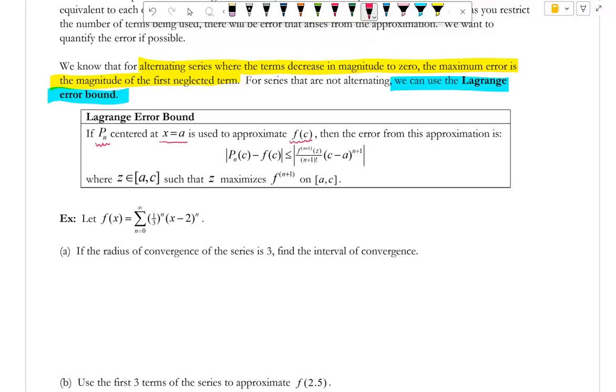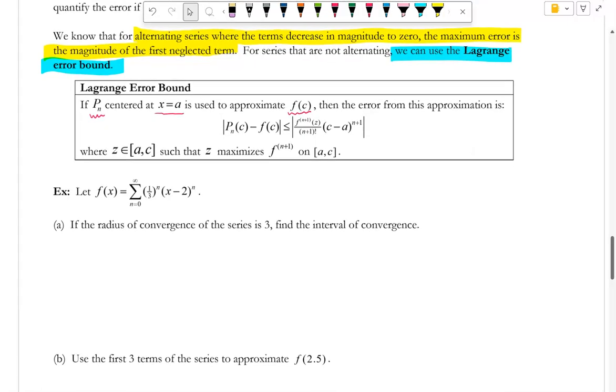So the error for this approximation, notice that on the left, we have the polynomial at c. So that's our polynomial approximation.